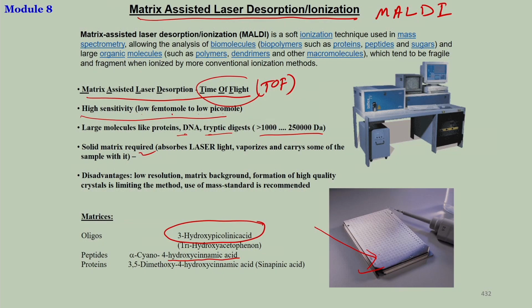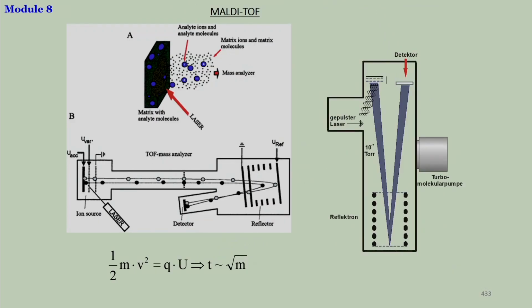Laser would be pumped in, injected in here, and it will break the crystal parameters. It will force the ions that are present here to move, to fly, that is what is called the flight, and depending upon their m by z, their time of flight would be different. That is the basis of it.